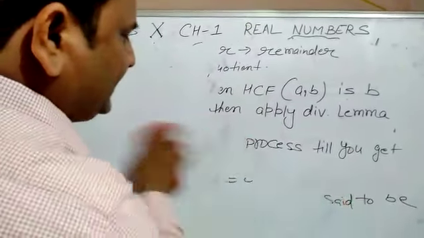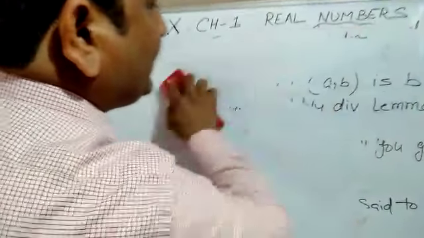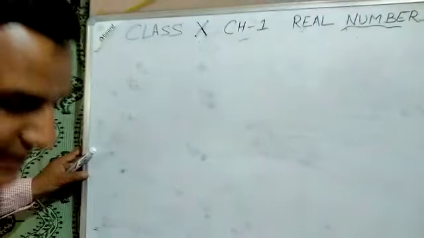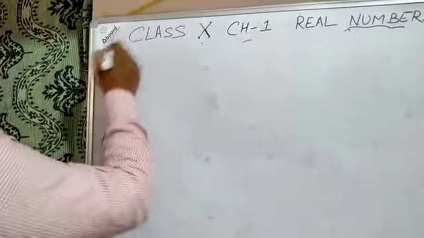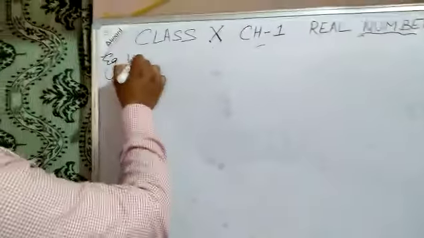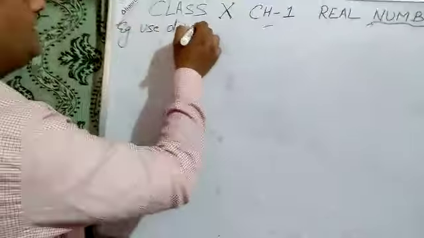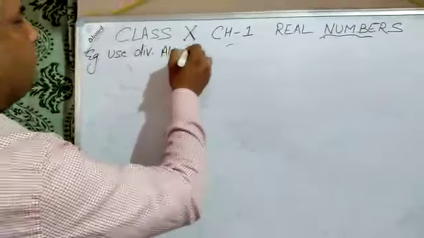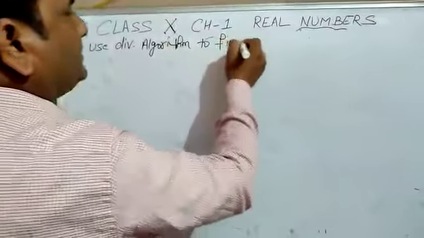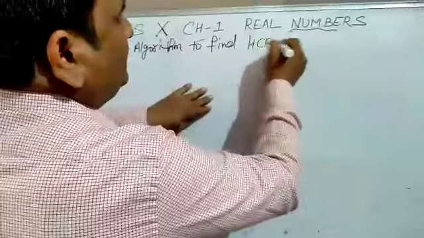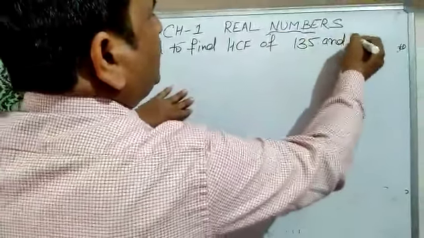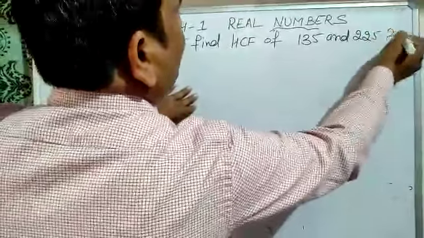Now we understand this algorithm with the help of an example. Try to understand it carefully. Example: use the division algorithm to find the HCF of 135 and 225.